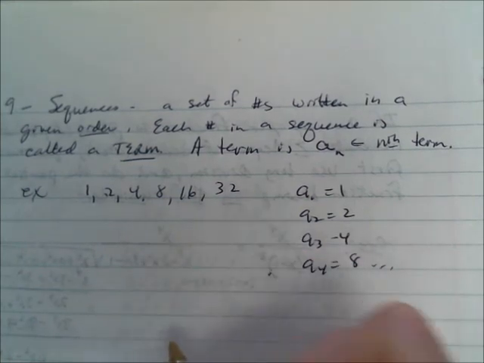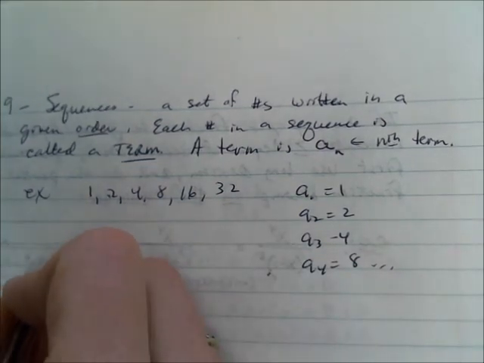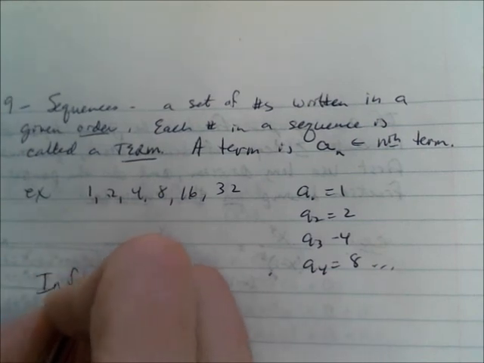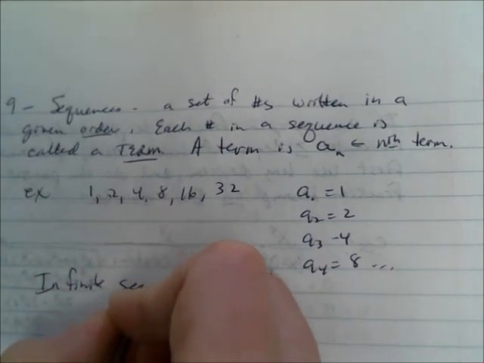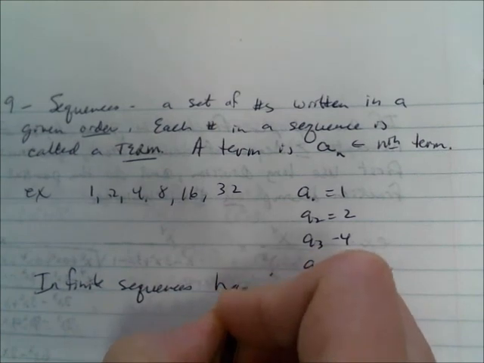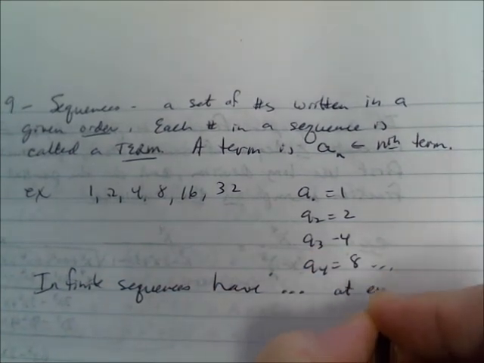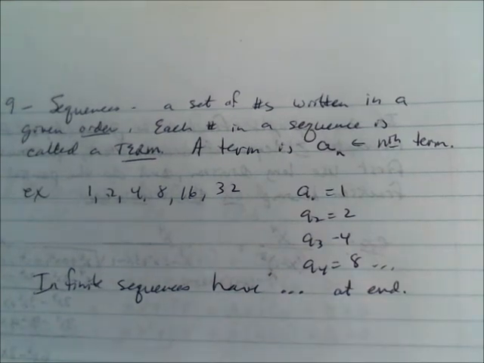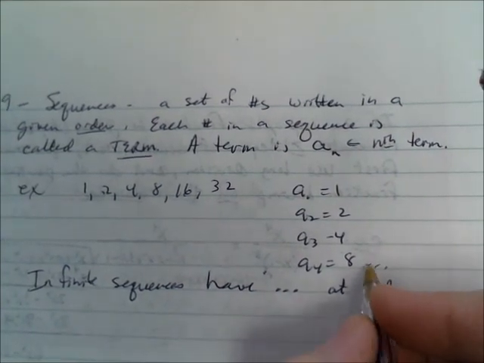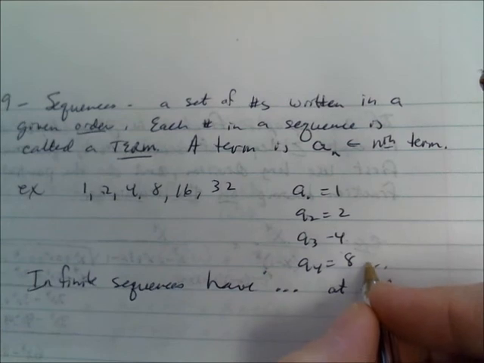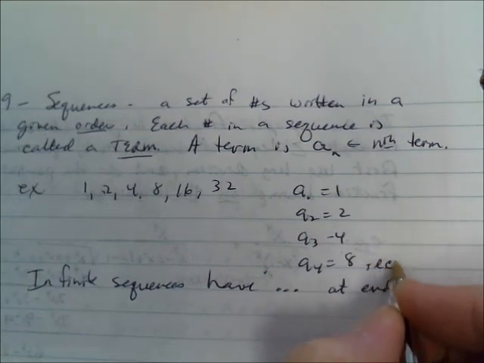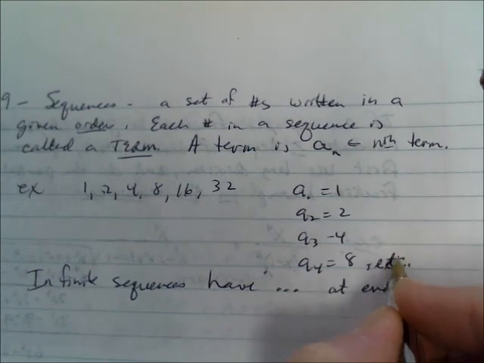Infinite sequences have ... at the end. I shouldn't have put ... after the 8 because that has another meaning now within the chapter of sequences. So I can just put, etc.